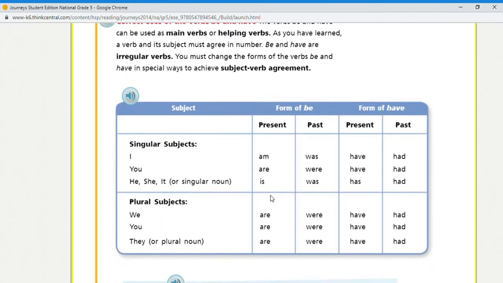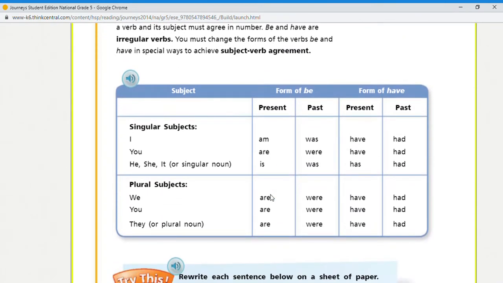And if we go down here in this table, guys, we can see that there are different forms of verb to be in the present and in the past, and the same idea for the form have in the present and past.